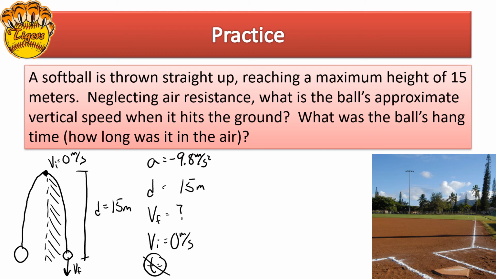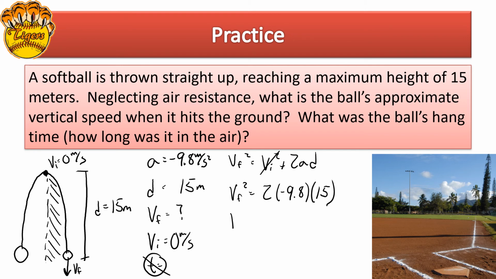Time equals who cares. So the equation without time is VF squared equals VI squared plus 2AD. We're looking for VF. VI we said was 0, so that just goes away. 2 times negative 9.8 is negative 19.6 times 15.